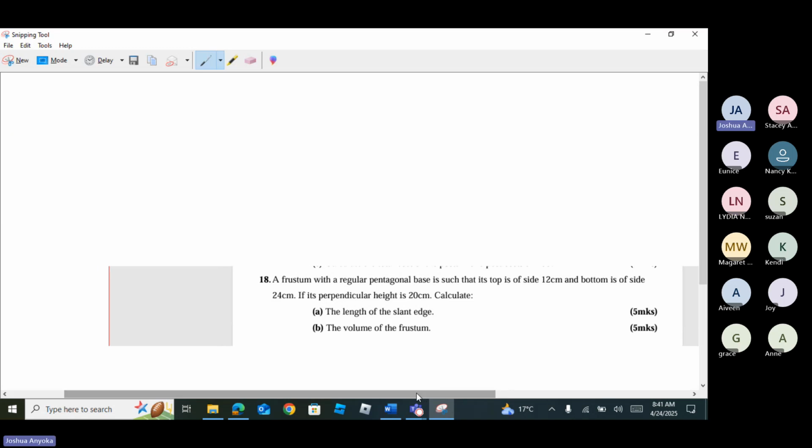A frustum with a regular pentagonal base is such that its top is of side 12 centimeters and the bottom is of side 24 centimeters. If its perpendicular height is 20, calculate the length of the slant edge and the volume of the frustum.